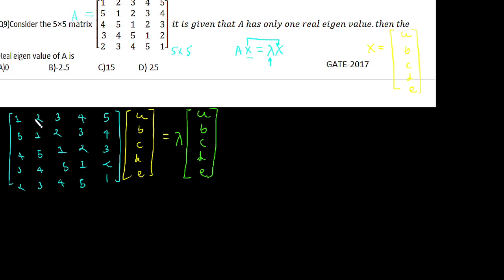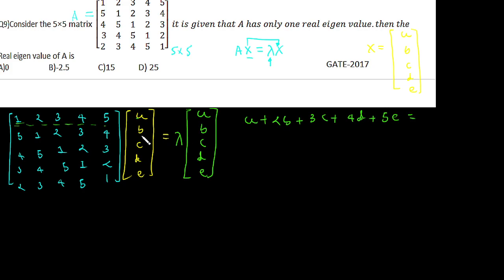Now let's do the multiplication of this matrix A, which is 5 cross 5, with this eigenvector. Here we have to take this first row and multiply it with these 5 entries. So from the first element we are getting a, here 2b plus 3c plus 4d plus 5e.